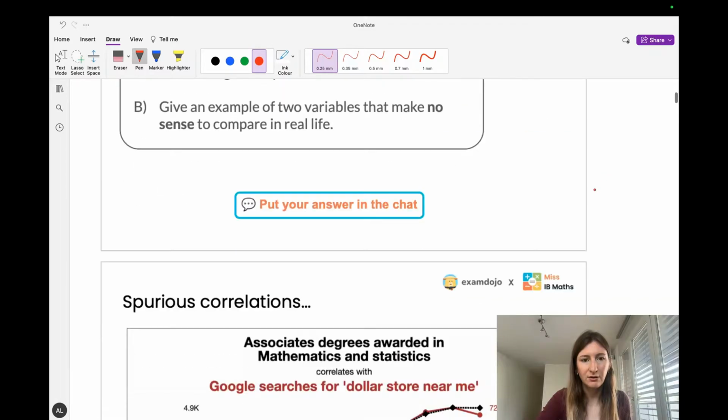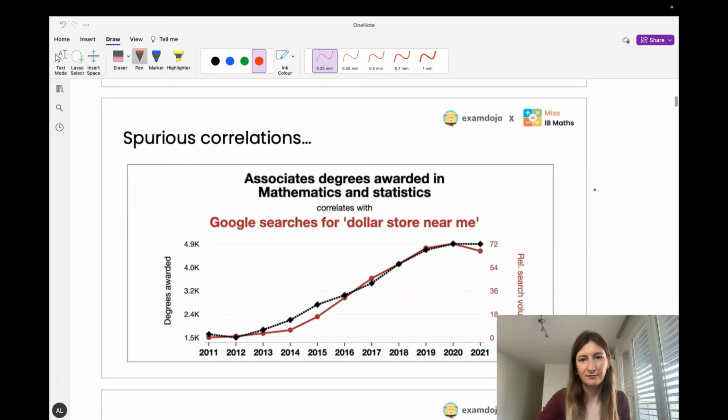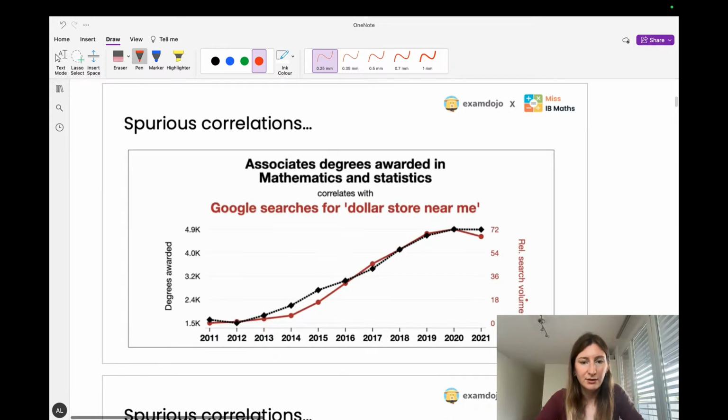All right, so let's go from there again. Here we have an example of something that correlates that obviously does not have any relationship with each other. So dollar store near me and degrees awarded. There it is forming a very nice correlation, but obviously no effect on each other.